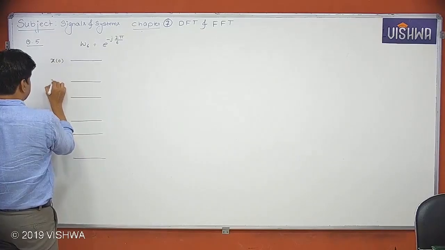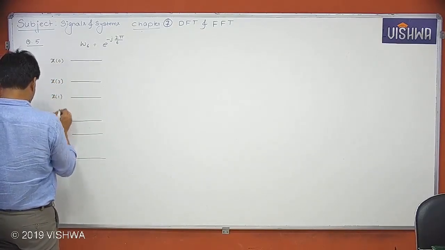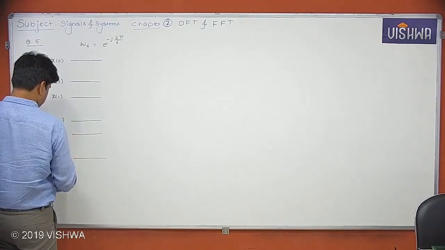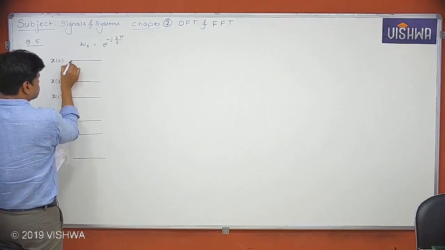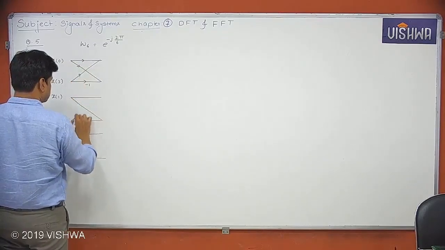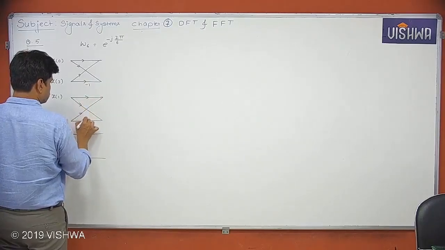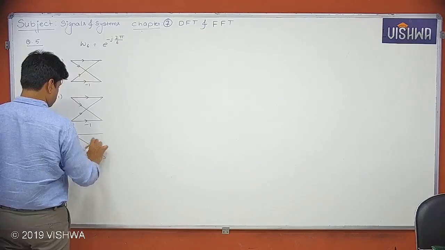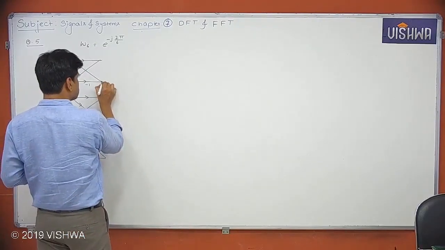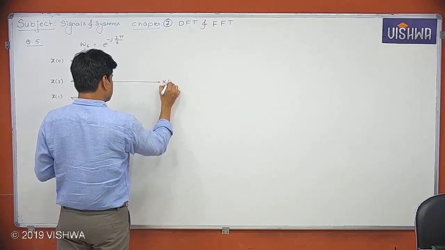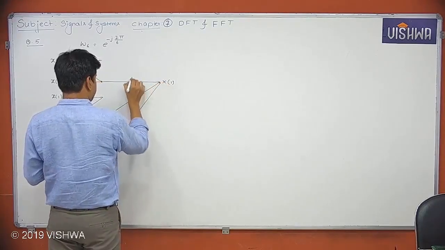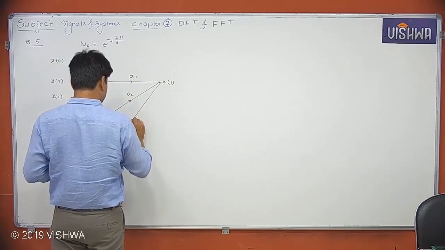The butterfly diagram has inputs x of 0, x of 3, x of 1, x of 4, x of 2, x of 5, and x of 1 as an output, with coefficients a1, a2, a3.